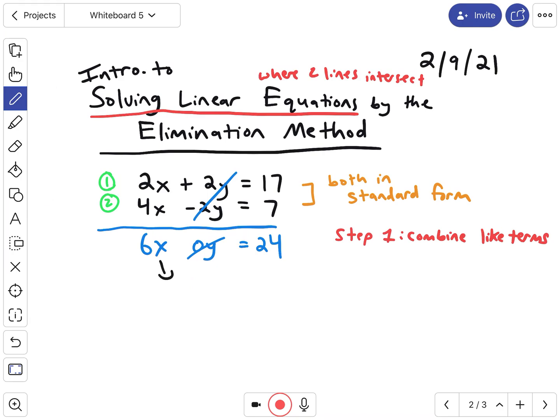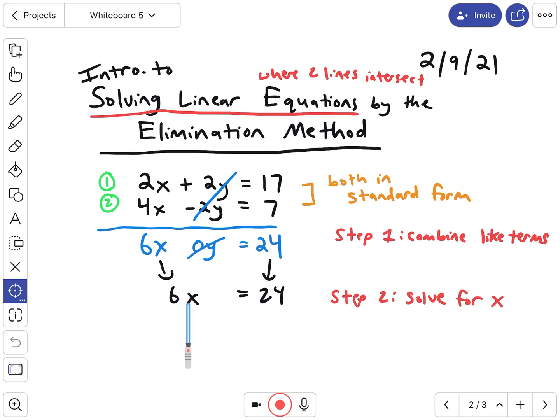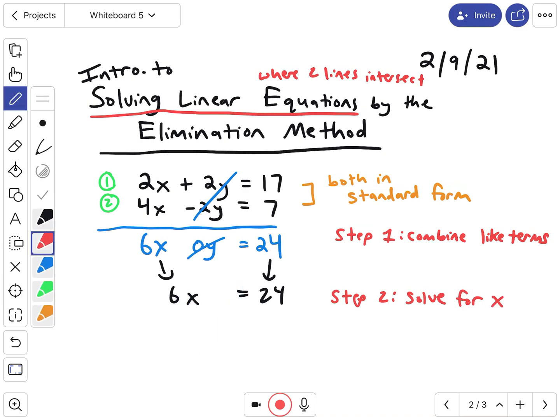Okay, so now I'm going to rewrite this. 6x, I'm going to rewrite the equal sign, rewrite the 24. Okay, now I'm going to solve. So step 2 is solve. In this case, we're going to solve for x. So then you look at this, x is not by itself on the left side of the equal sign.